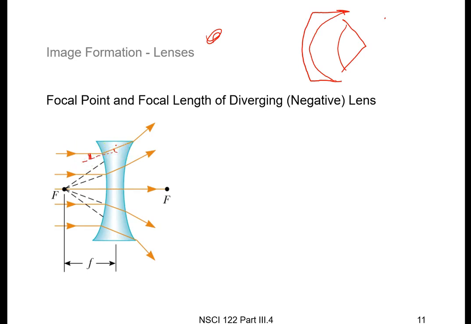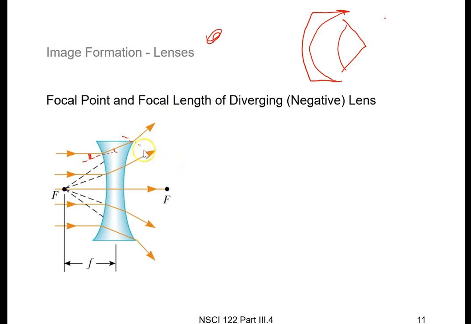So that light ray gets bent towards the normal, and then there's another refraction at the second surface. And if you look at that surface normal, which will be like that, this ray will bend away from the surface normal. So it'll come out like this. And you can do this with all these other rays.